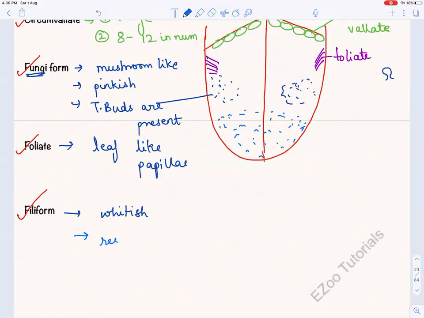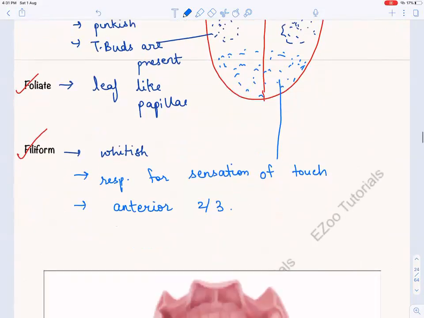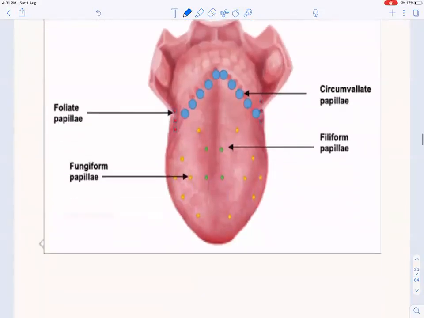Filiform are responsible for the sensation of touch, and they form the anterior 2/3. They are whitish in color, and they have no taste buds. Please remember it.